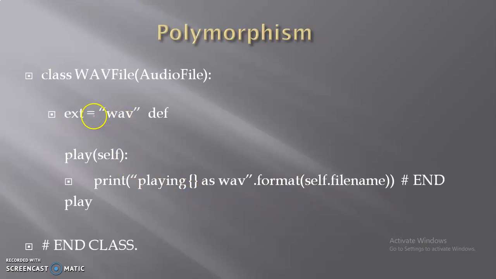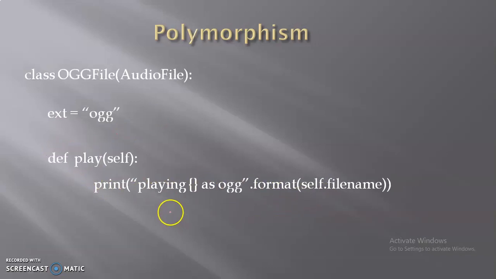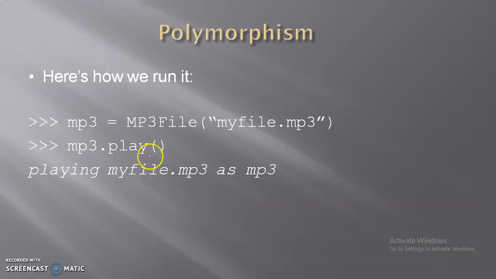Next, the wave file class has the extension wav, and we write a play method which prints playing the wave file. Next, the OGG file class prints playing the file name as OGG, where OGG is the extension.